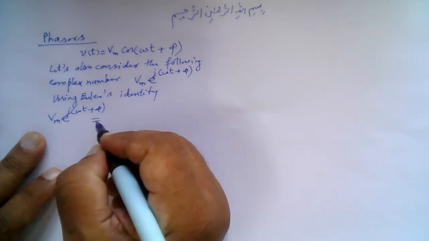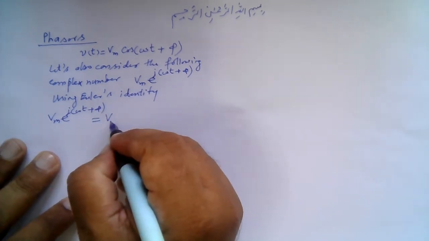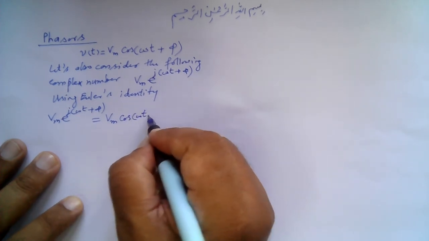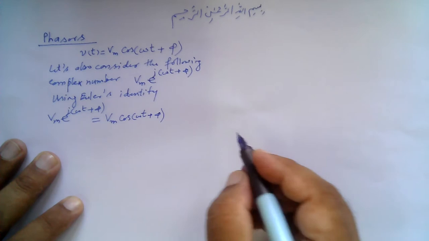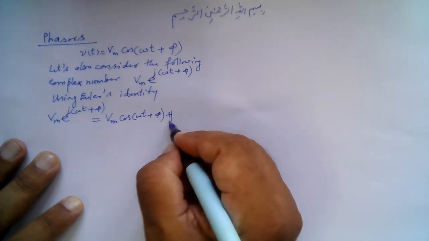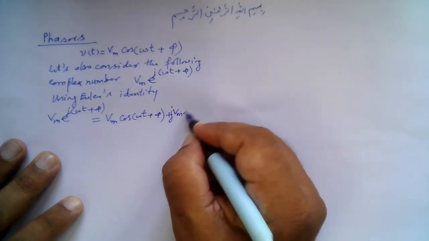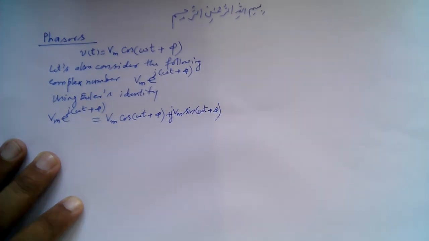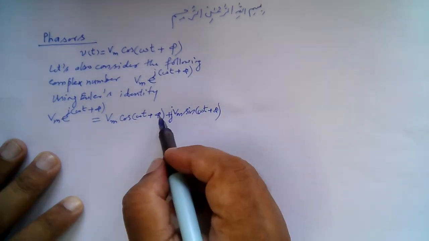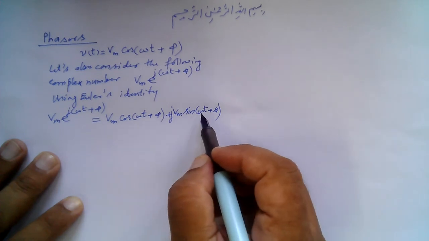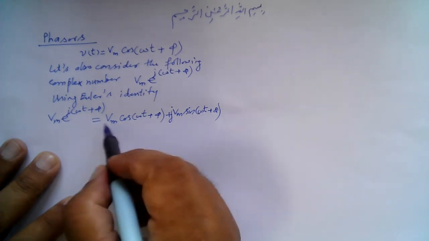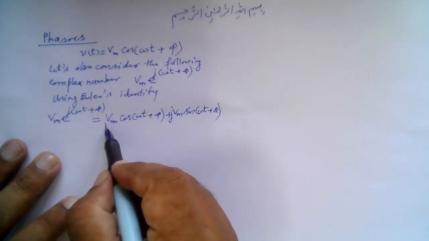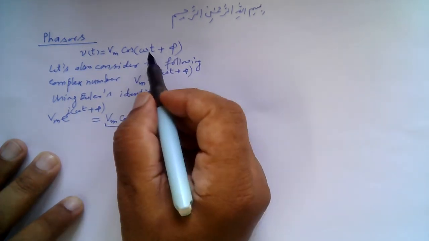It can be written as Vm cos(omega t plus phi) plus j Vm sin(omega t plus phi), right? So this is the real part and this is the imaginary part. If you compare this expression with this one, this real part is our required sinusoid.